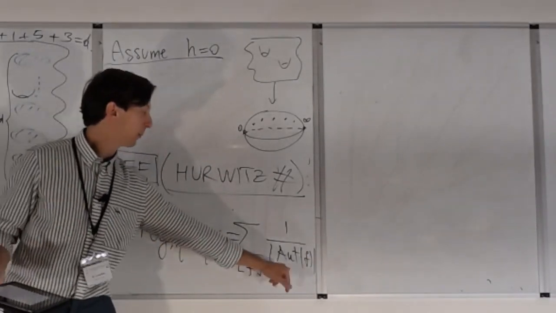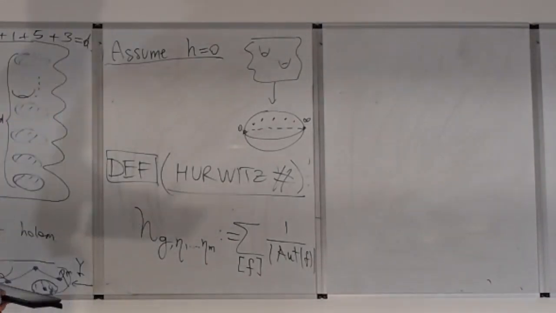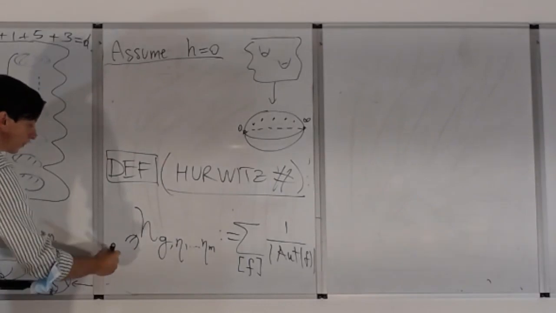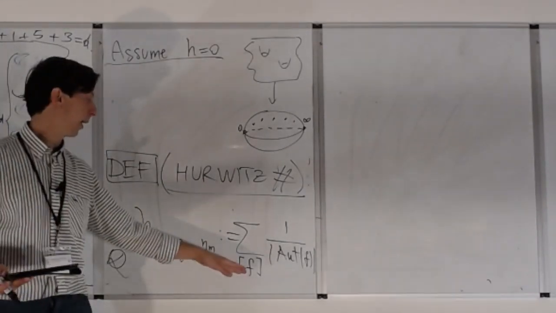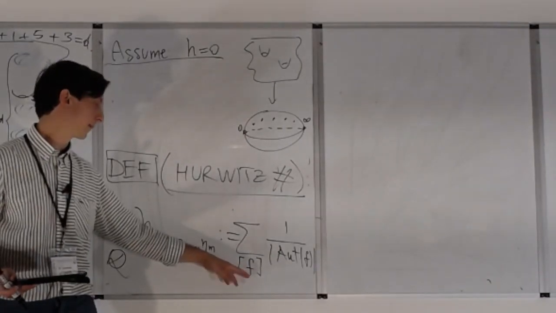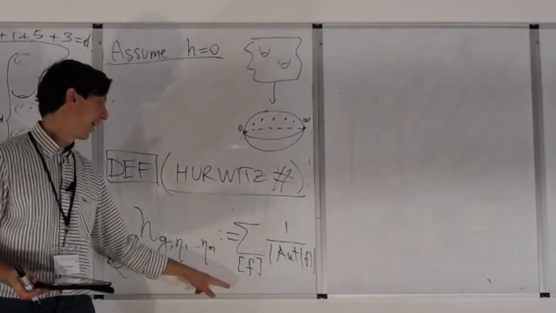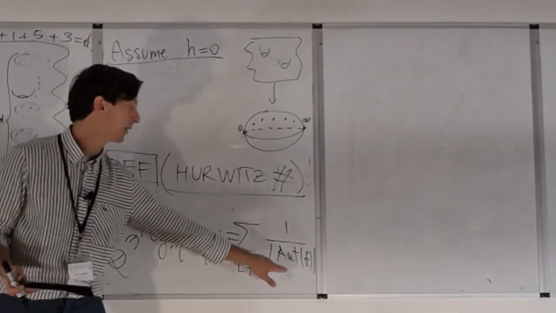So I have to say what the automorphisms are and what the classes are. And I claim that these numbers are in Q. Well, actually, you have to prove two things: that this sum is finite and the automorphisms are finite.